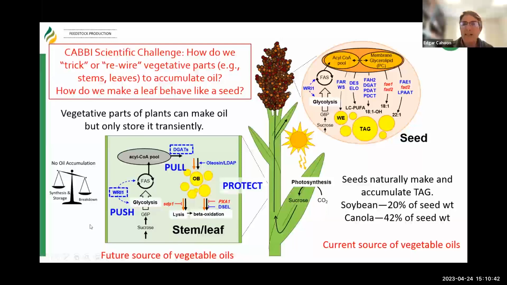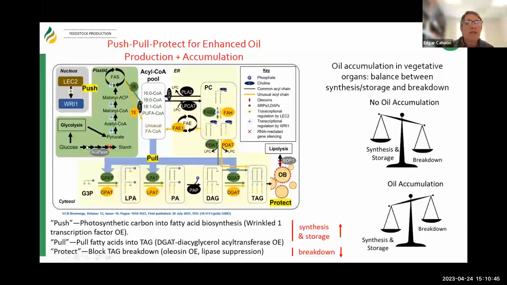But the idea is that we try to push photosynthetic carbon into pathways like glycolysis that generate the substrates for fatty acid biosynthesis. This is called the push. So we're pushing carbon into fatty acid biosynthesis.